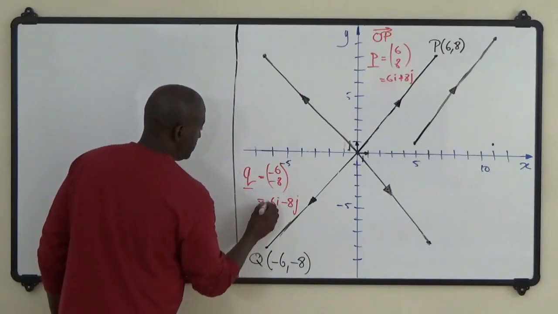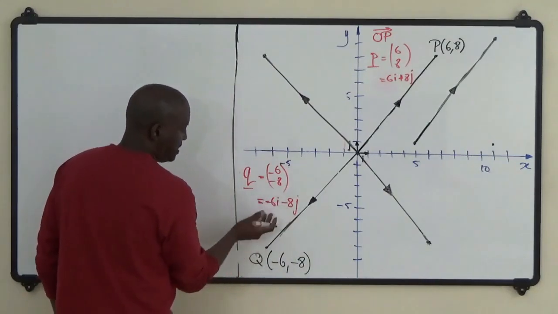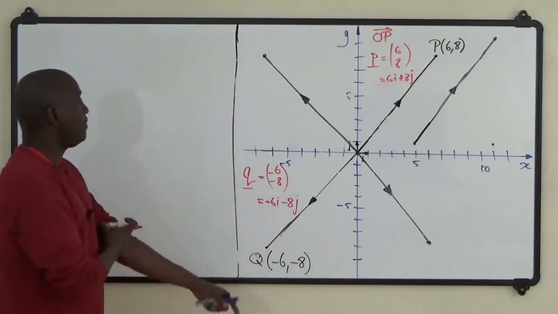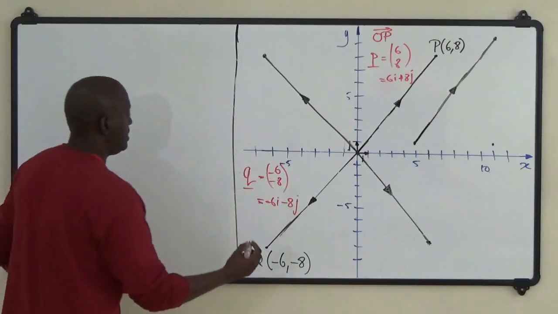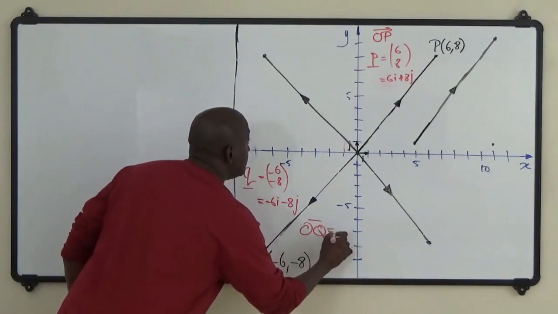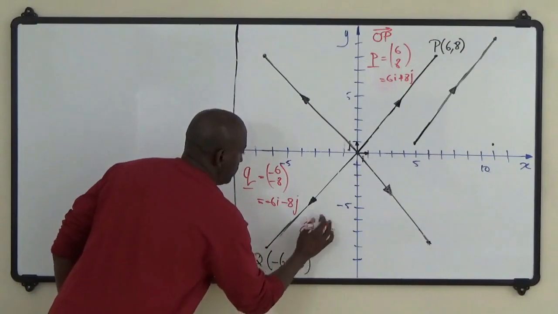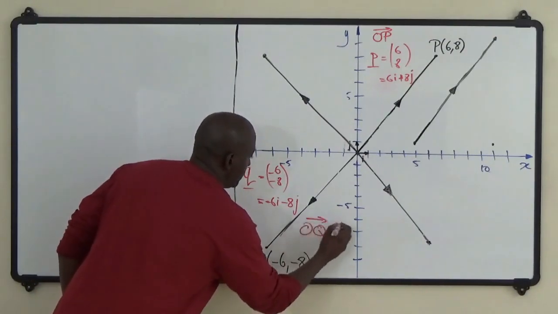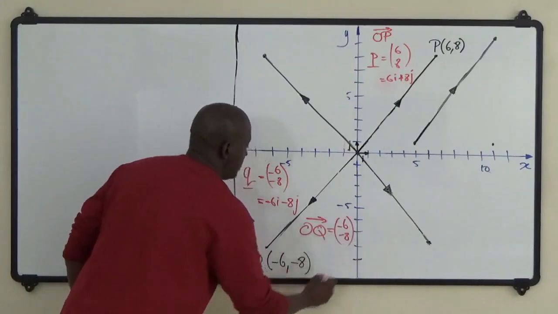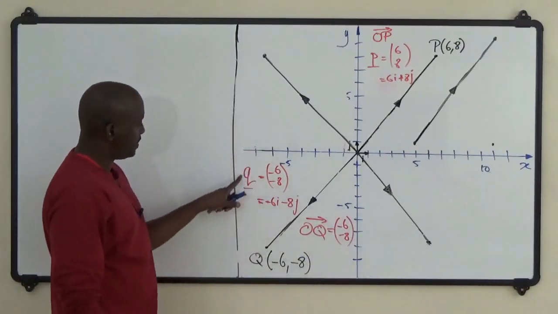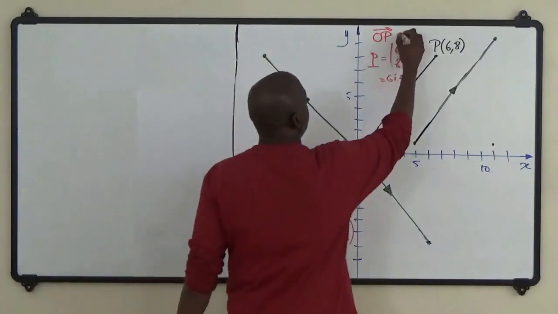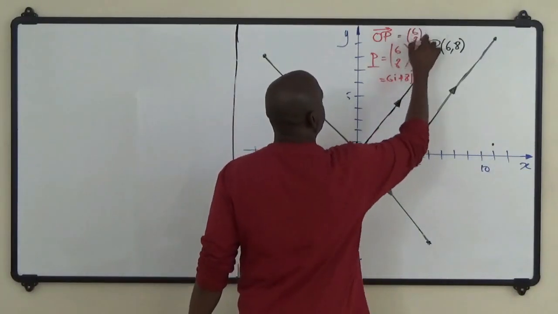So you're getting the exposure to the different ways of writing it, and you're actually seeing the negative signs enter in the picture now. And of course, in this case, your OQ is equal to minus 6, minus 8. So in other words, your OQ is the same as position vector Q, which is equal to this. In this case, your OP is still the same, 6, 8.